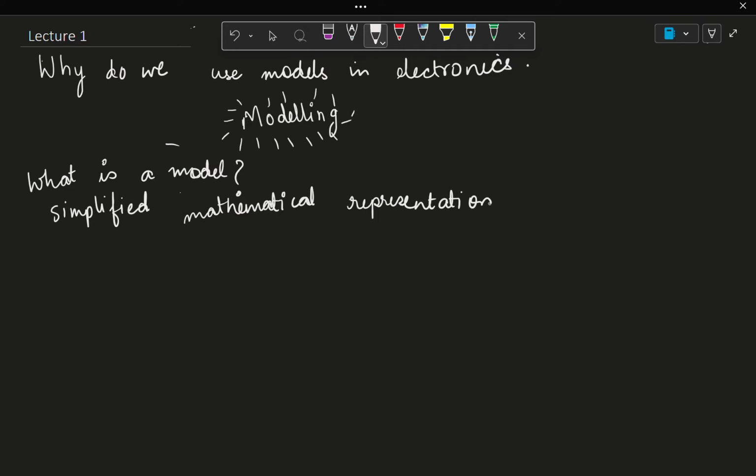Instead of dealing with every single physical detail of a device, we describe it using equations that are easy to analyze.